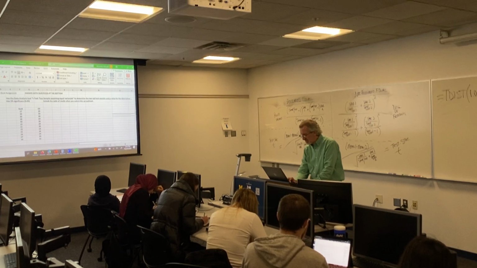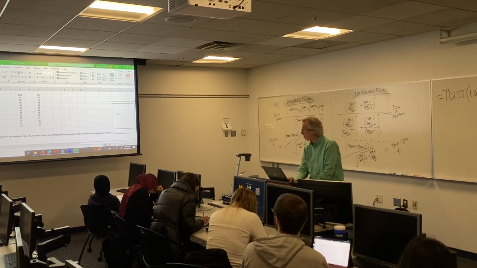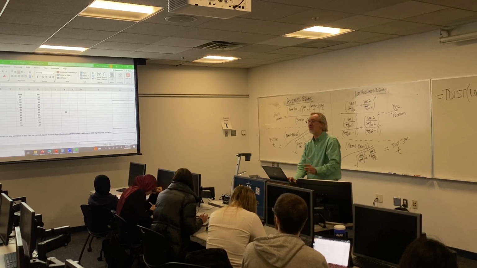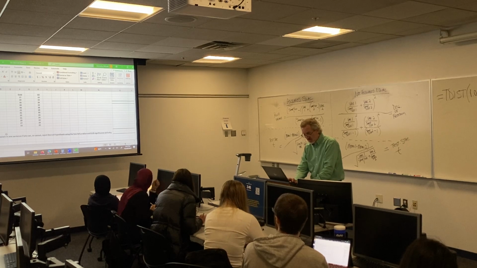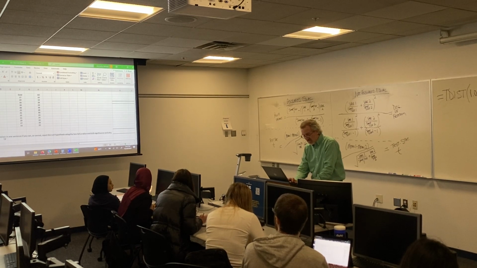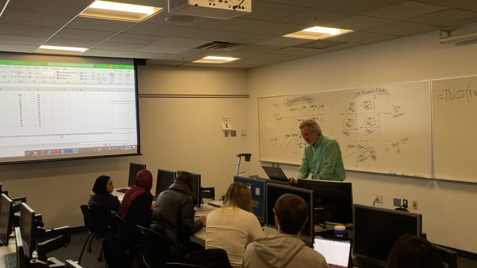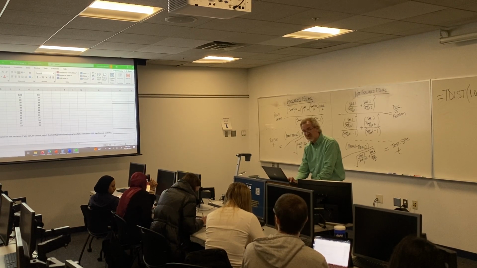You can see that I've already done it before on the right here, but I got rid of the table. You can put it there, you can put it here, you can put it over to the left, put the table on another sheet if you want. But there's the first one, and then you have to answer this question. Explain in 1 sentence if you can or cannot reject the null hypothesis using the 2-tailed p-value and 5% significance, and why. So there's that one.